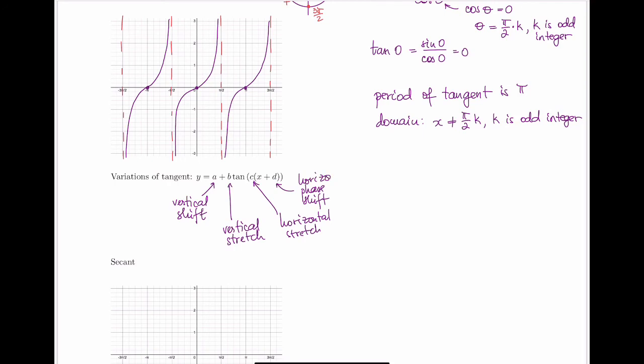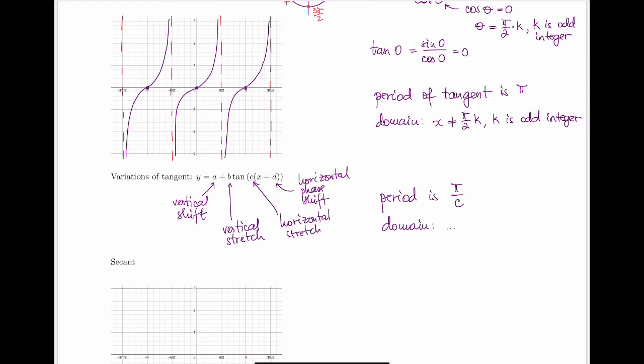And so the only other thing to think about in terms of the general functions are the same types of things like period and the domain. So the period, as in the sine case, will be affected by the horizontal stretch or compression. So in the case of these general functions, the period is going to be pi, which is the period of tangent, divided by c. And the domain will really depend on what the rest of the transformations do.